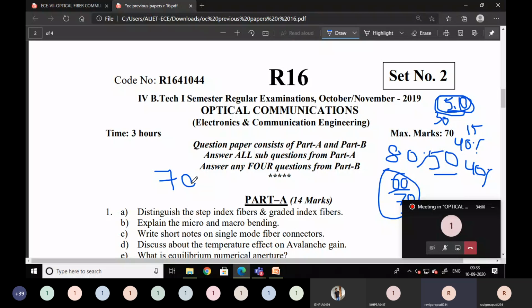Your overall aggregate is 75%. So compulsorily most members will get 75%, if you did well continuously from the first unit onwards. Whatever I am saying, if you follow that, you will definitely get 75. 75 means very good marks, that is distinction marks.